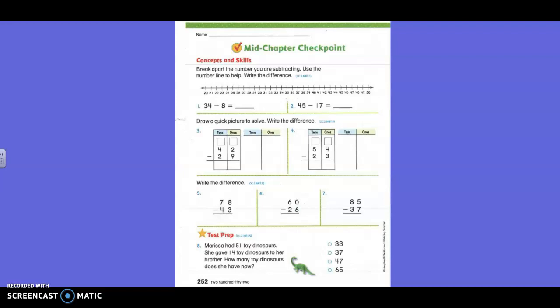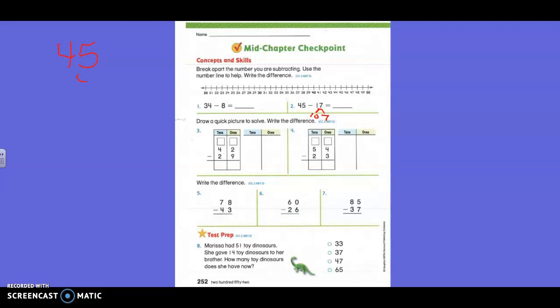But you need to remember, when you jump back 10, if we're going back 10 from 45, how much is that? Remember that the ones place is always the same. When you do 17, I would break apart the 17 into 10 and 7.